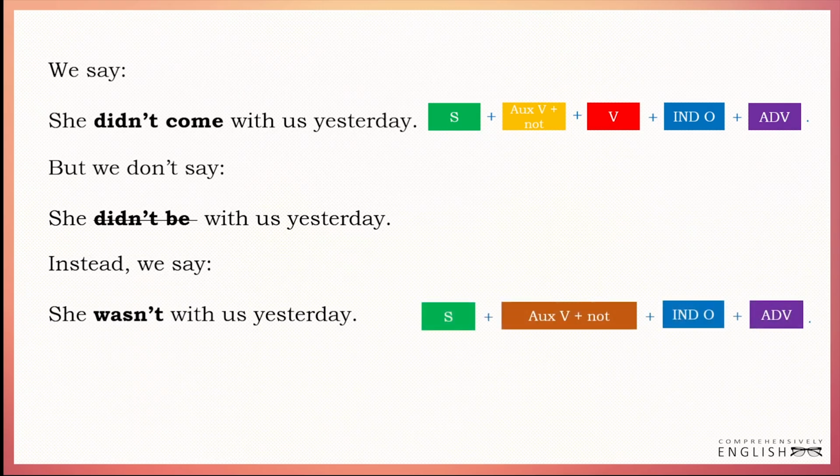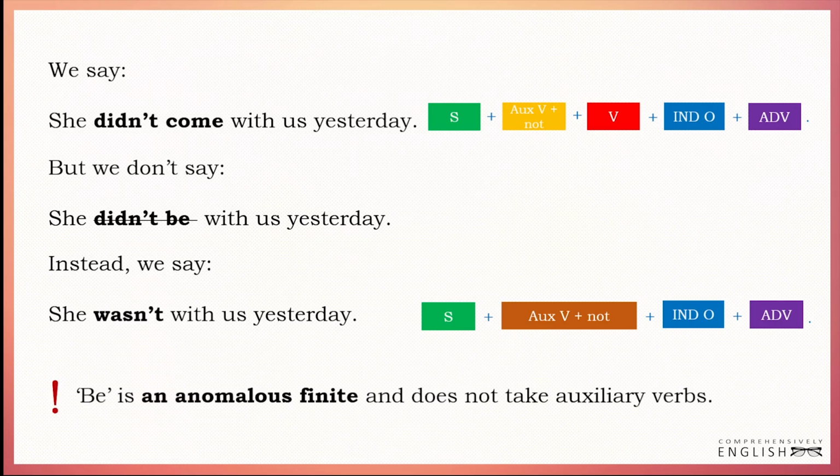So the formula here is subject, auxiliary verb plus not, indirect object, and adverbial modifier. In this case, the auxiliary verb and the main verb kind of merged together. They take one place because to be is an anomalous finite, and it can function both as an auxiliary verb and as a main notion verb.